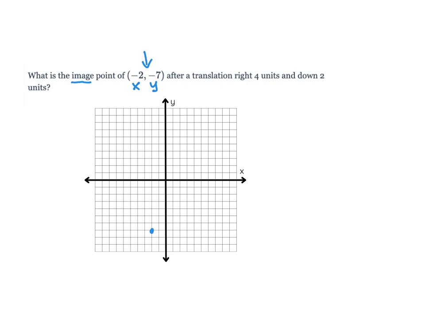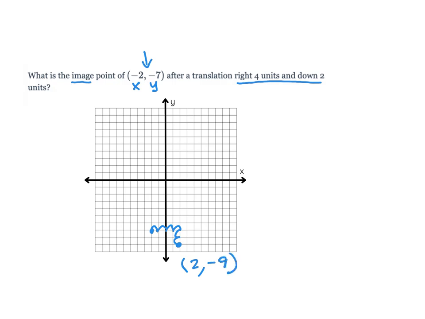So here's my point. And it says it's going to go right 4 units and down 2 units. So if I count 1, 2, 3, 4, and 1, 2, this would be my new point. It wants the coordinates, so I would say my coordinates are 2, -9.